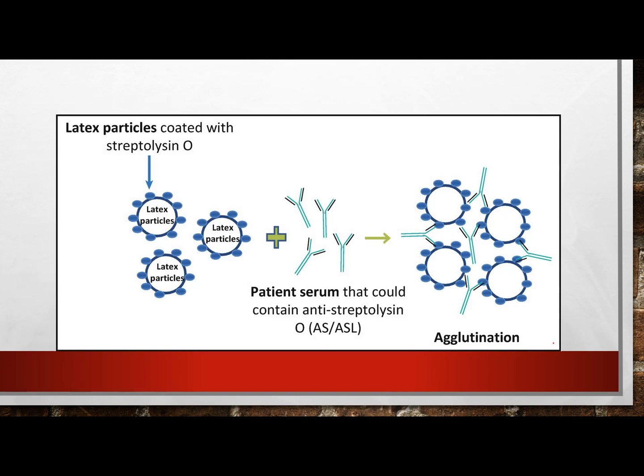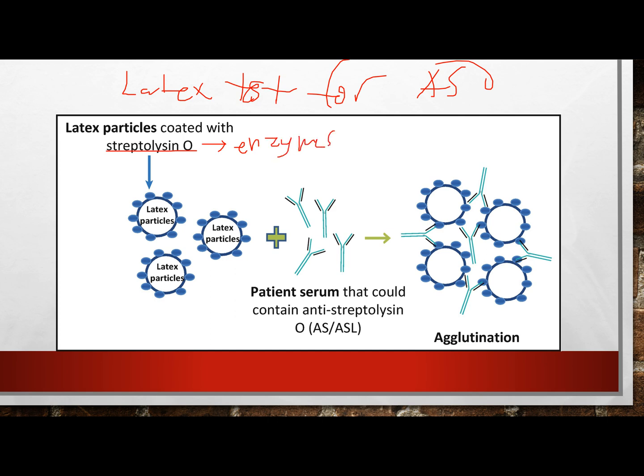So this is an example, class, of the principle of your ASO test or your antistreptolysin O. Latex test for ASO. Here we have your latex coated with the antigen streptolysin O. Diba, streptolysin O, class, is an enzyme. So this is a substance that would require a particle for it to be enlarged or for it to be visible.